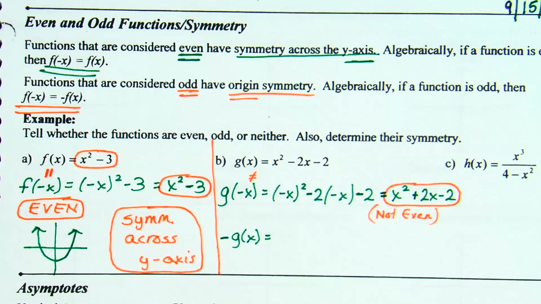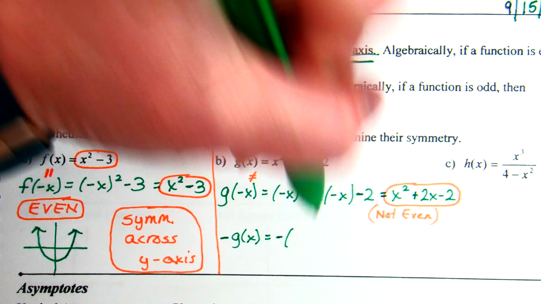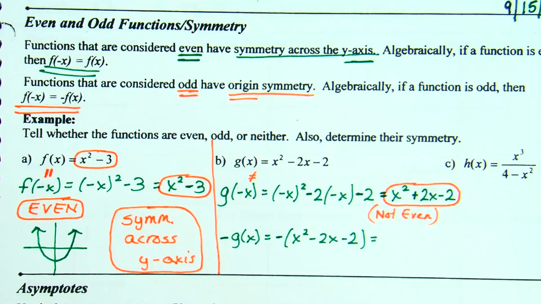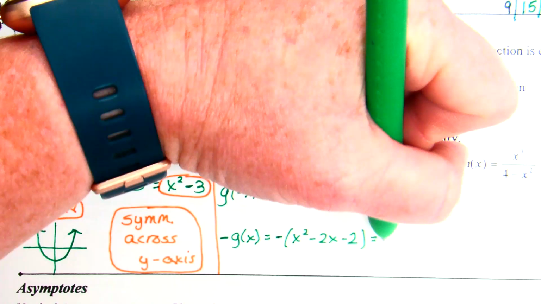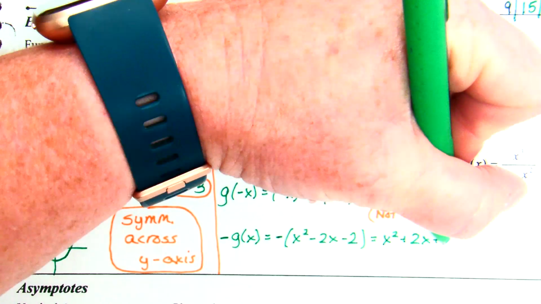So basically it's saying take a negative and distribute it. We're going to distribute it to x squared, to minus 2x, and to minus 2. So basically when I distribute that negative to everything, it's going to change all the signs. Negative x squared plus 2x plus 2.